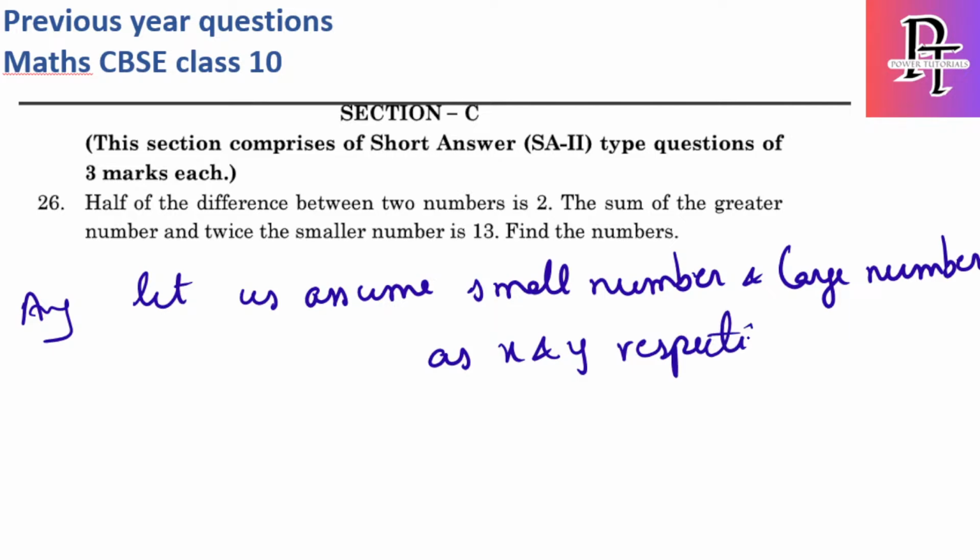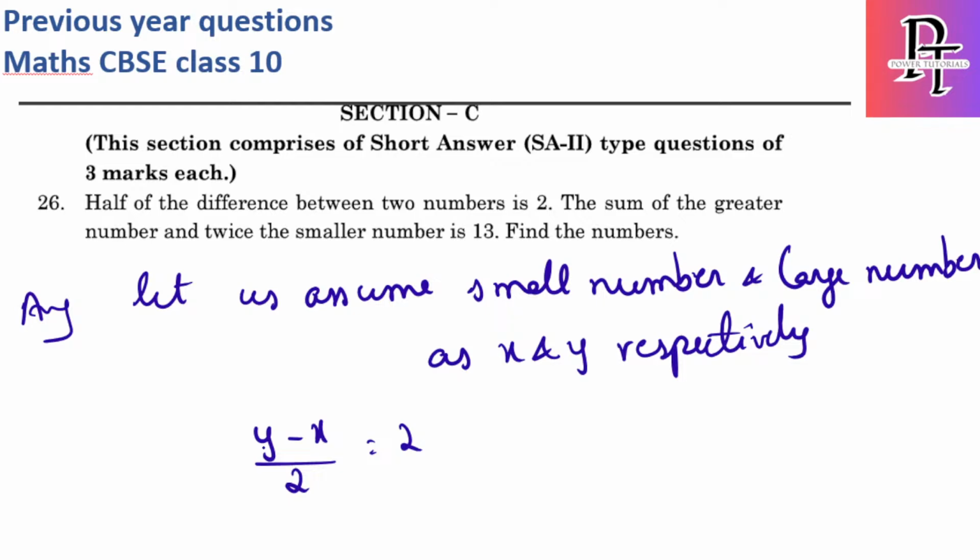Now let's see the condition. Half of the difference between two numbers is 2. So definitely it's the difference between the highest minus the small number. So simply y minus x by 2 is equal to 2. Half of the difference between these two numbers is 2.